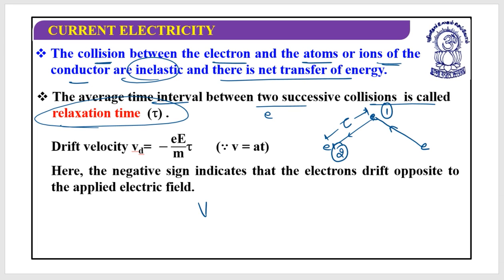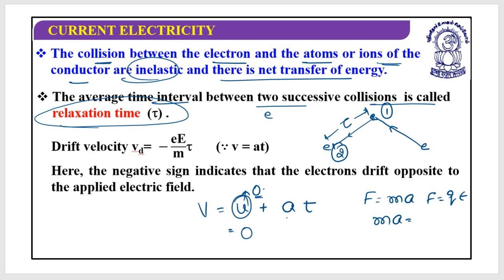So now what drift velocity can I write? According to me, V is equal to U plus AT. Let's assume that U is 0, because initially everyone was moving in random directions, so there is no net velocity. Now how could I write A? If you remember the first unit, F is equal to MA and F is equal to QE.